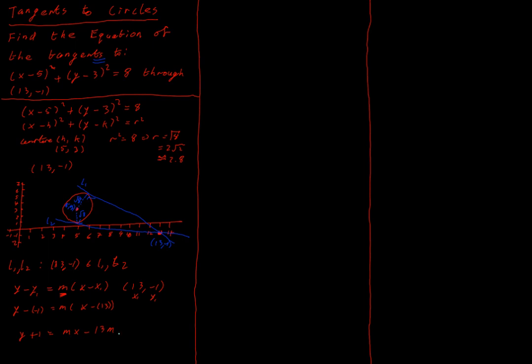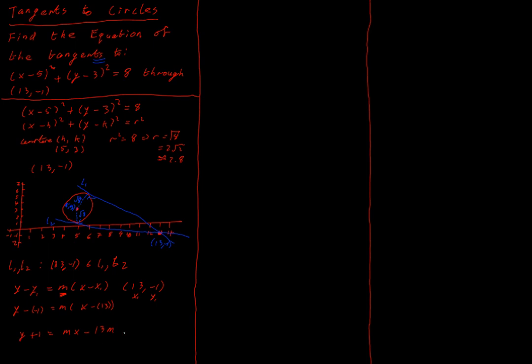Now, what would I do after this point? Well, as so often happens in this chapter, I am going to be dealing with the perpendicular distance from the center out to my line. We keep using this tool over and over again in the chapter, and this is just another example of it. This is the other piece of information we know, so it's what we're going to use.